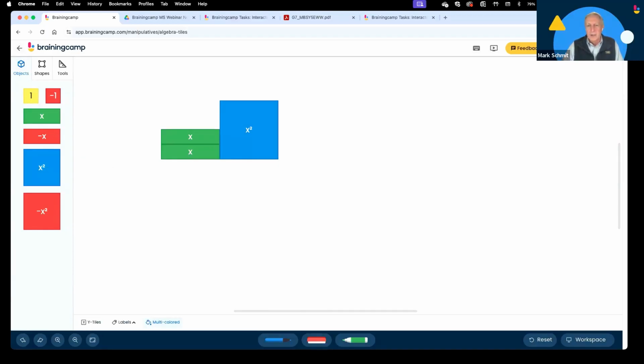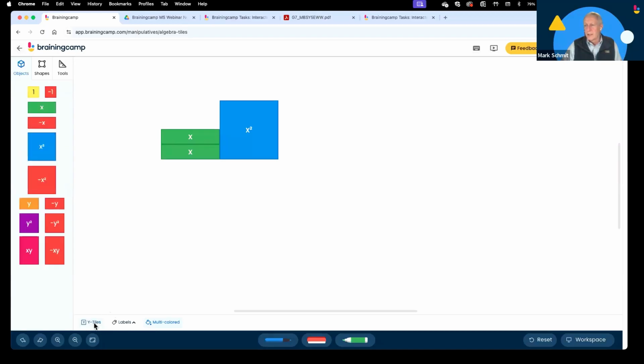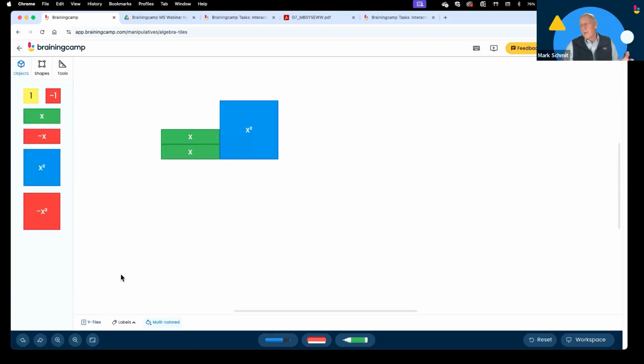So that's one of the things I like about algebra tiles, being able to identify and establish what those pieces represent. We can also, if I go down here and click on the Y tiles, get the Y representations. And now once I have these, I know what each of them are, I could do some really fun things, right? I could start talking about the perimeter of this shape.